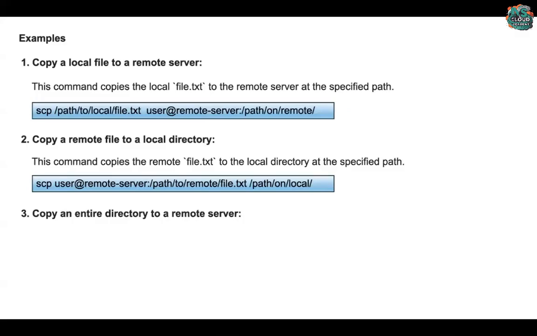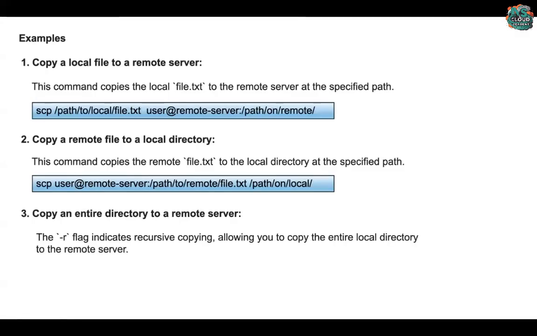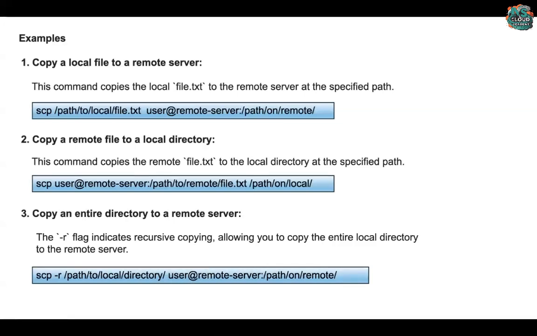So the next question is, let's suppose you want to copy an entire directory on a remote server, right? In the last command, we copied a single file from one server to another server. But in this command, we have to copy an entire directory from one server to another server, right? So let's go there and understand.